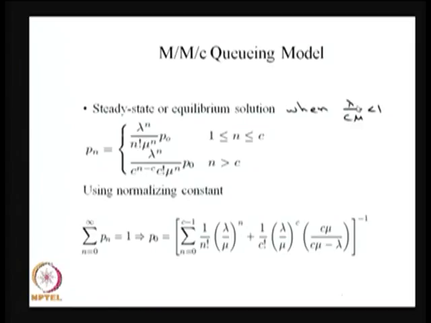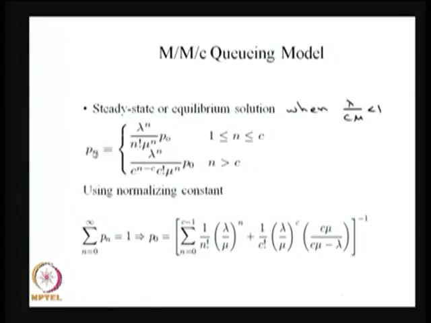Whenever lambda by C mu is less than 1, you can find the limiting probabilities. Sometimes I use the letter p and sometimes pi n, both are one and the same. You find the steady state probability by solving pi Q equals 0 and the summation of pi equals 1.